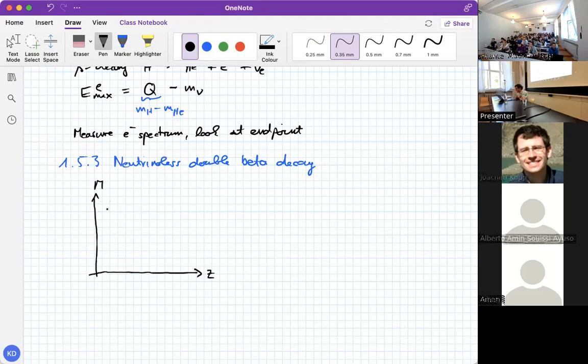A pattern that you often observe, and so we are looking at nuclei with A being a constant, is that nuclei with even Z and even A are more stable than nuclei with odd A and with odd neutron number and odd proton number, because nucleons always like to pair up. Each proton likes to pair up with another proton, each neutron likes to pair up with another neutron. And so if there's an even number, that is possible for all nucleons, but if there's an odd number, there's always one unpaired nucleon, and nucleons don't like that.